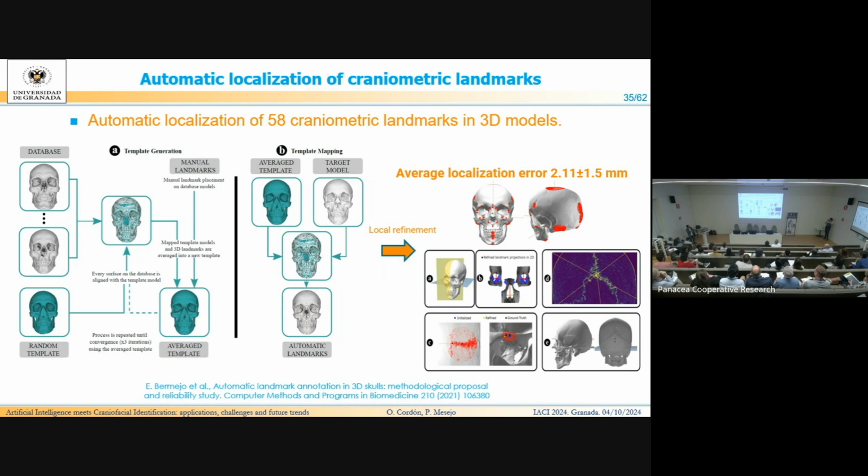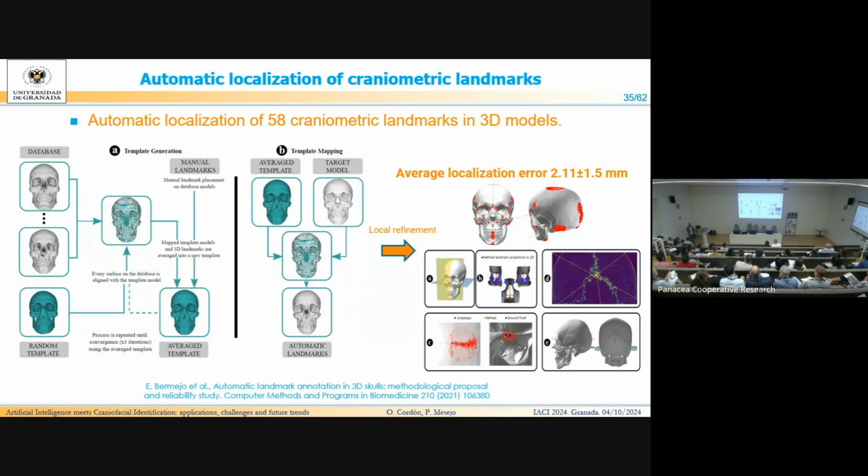So once we have a new target model, a new skull, we can superimpose both, deforming the template to fit the target. And once we have this registration, we have an initial location of the landmarks, because since in the average template we have the landmarks located, when we deform this template to fit the target model, then we have the position of the landmarks.